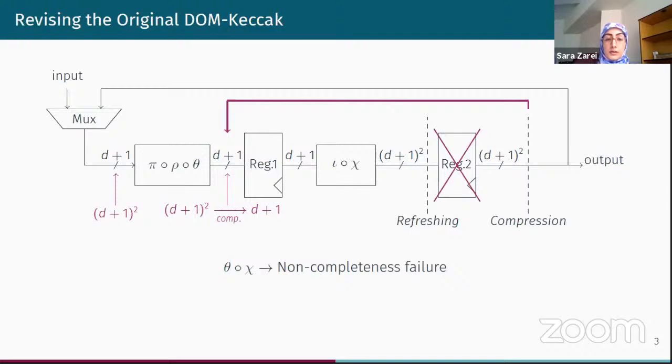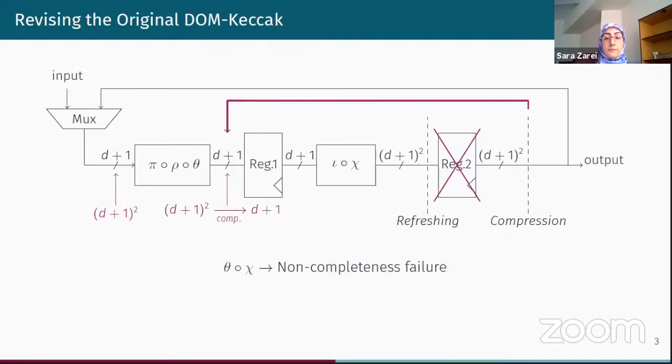Our solution for this issue is developed based on a realignment of the component functions that are produced and aligned in the chi function according to the D+1 masking scheme.